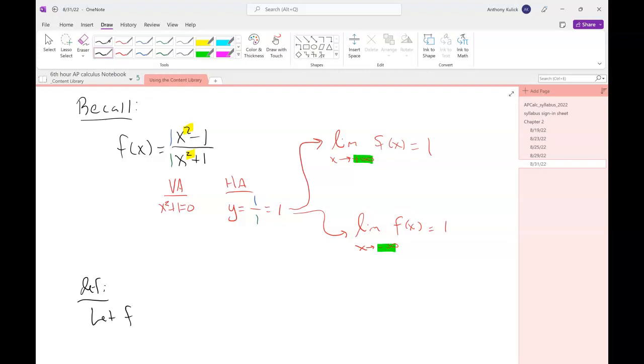So let f be a function defined on some interval, say a to positive infinity.